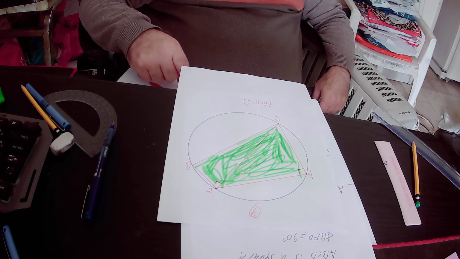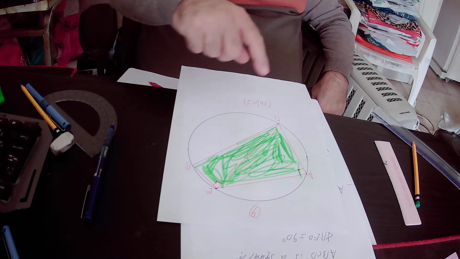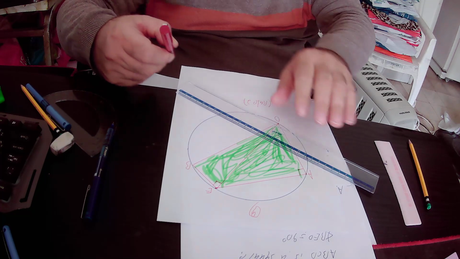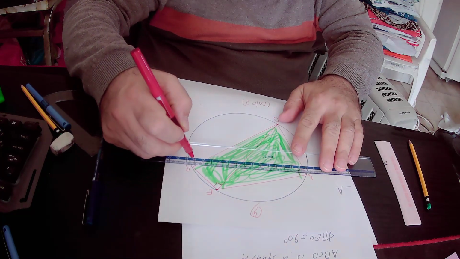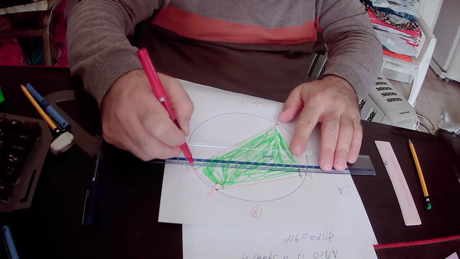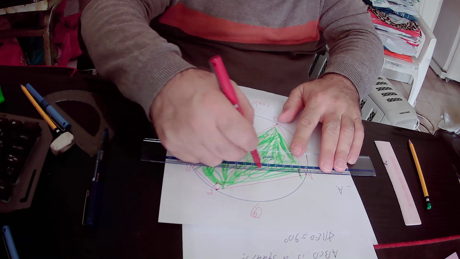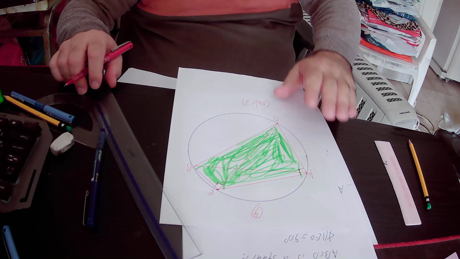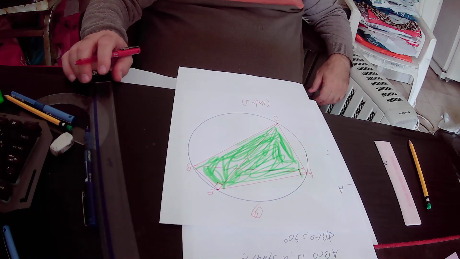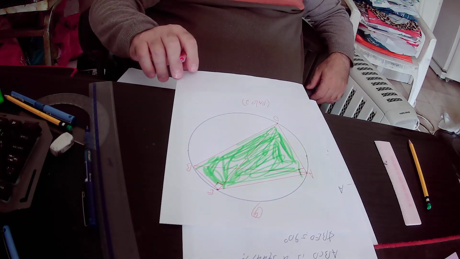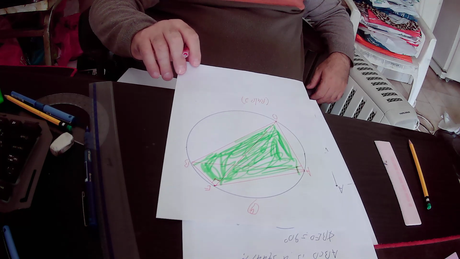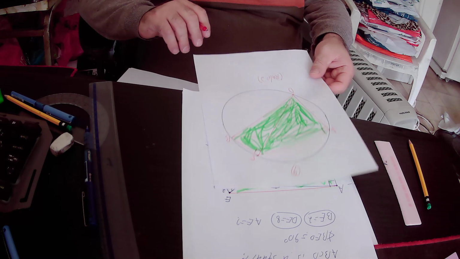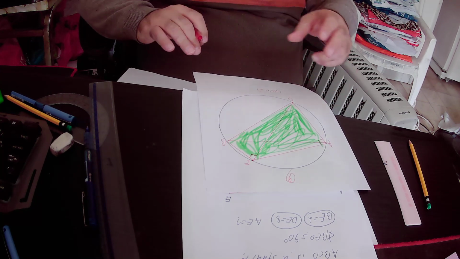The second diagonal of quadrilateral AEBD is the diagonal AB. Okay, and I will present to you rule number 3, and we will implement rule number 3 in our drawing.